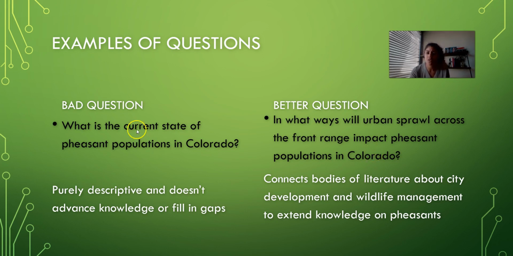So you're still ultimately researching the current state of pheasant populations, but now it has more emphasis on impact: there's a change in the landscape that we need to pay attention to, and here's this area of impact. This is a better question because you're connecting bodies of literature and actually helping people extend the knowledge, rather than just telling us what the population is.